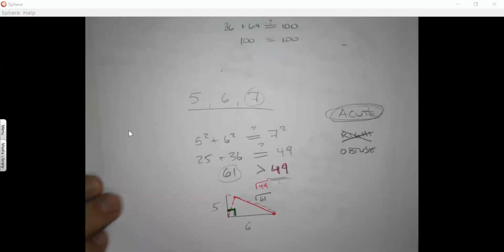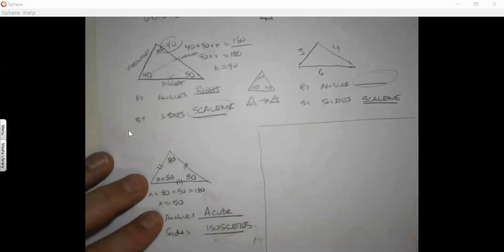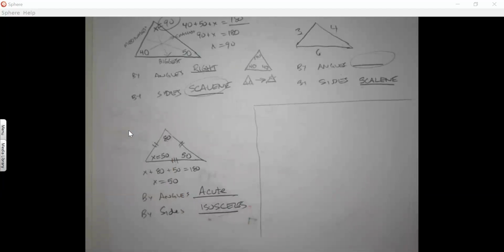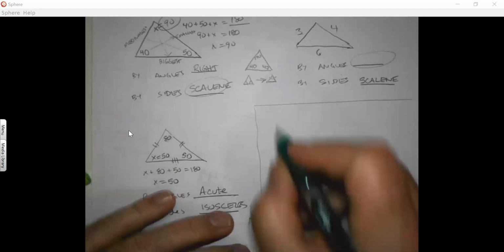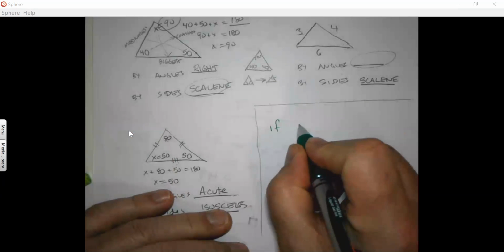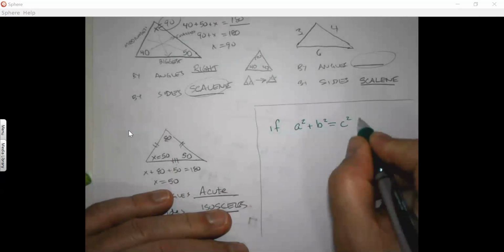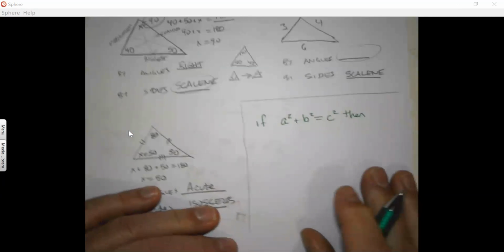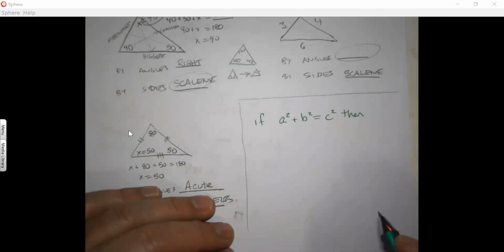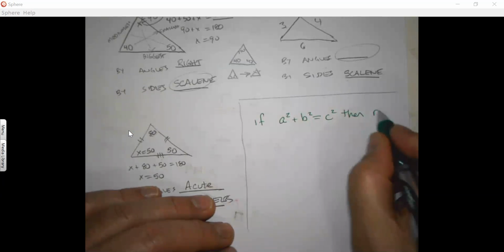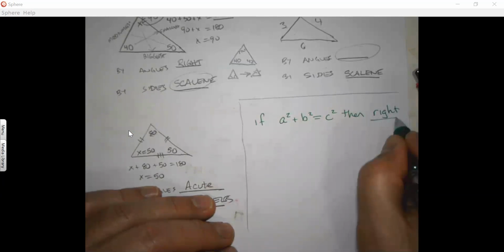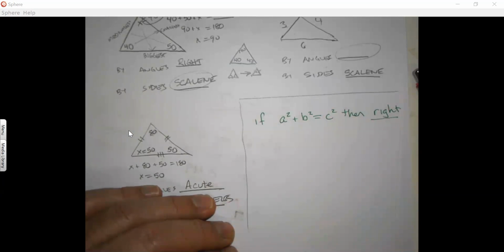Now, let's actually write out the rules here because it's easier if we just have the rules. So that's what this space is for. We know that if a squared plus b squared equals c squared, then what kind of triangle is it? Then it's a right triangle.